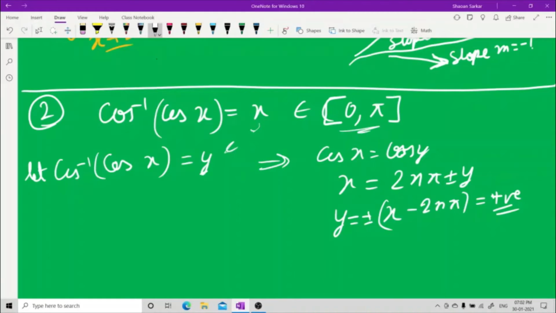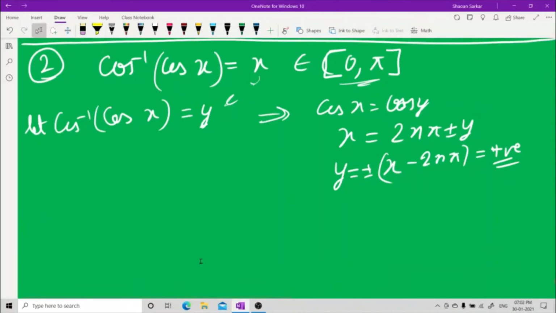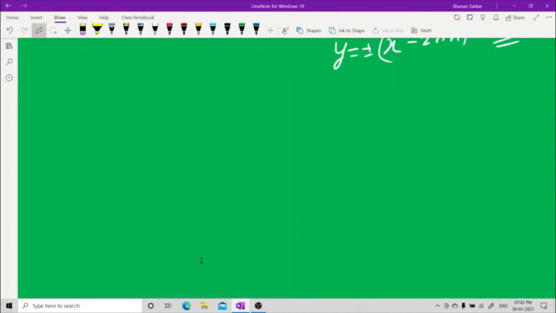Now see how to draw this type of graph. Wait, let me take more space. Again the same idea you will use. Here I have cos⁻¹(cos x). This is basically y equal to, it should always be positive, so let it be |x - 2nπ|.